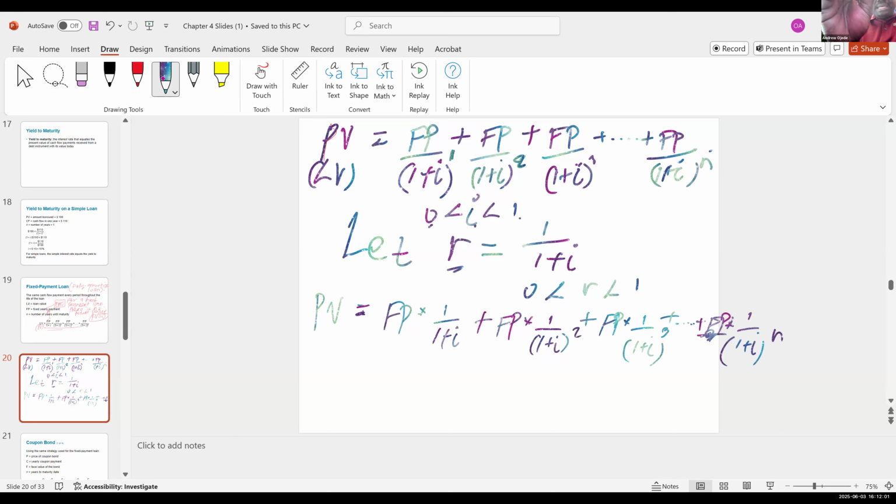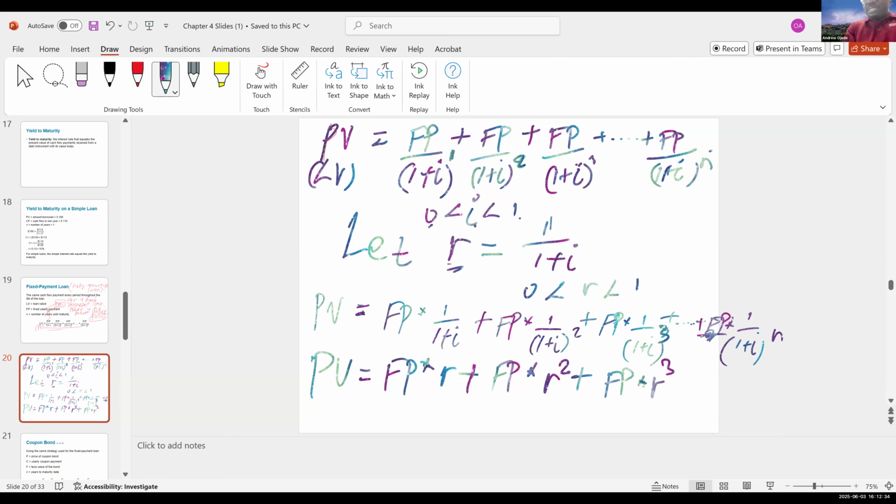Since I said R equals 1 over 1 plus I, the present value, the loan value, is just fixed payment multiplied by R, plus fixed payment times R squared, because 1 over 1 plus I squared is R squared, plus fixed payment times R to the power 3.